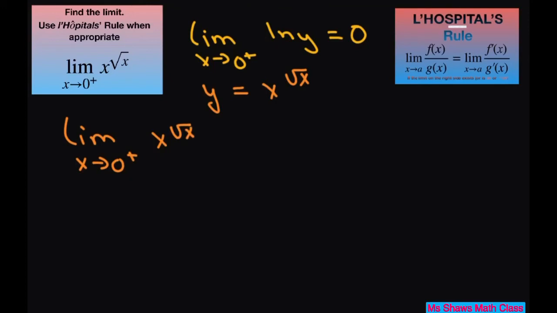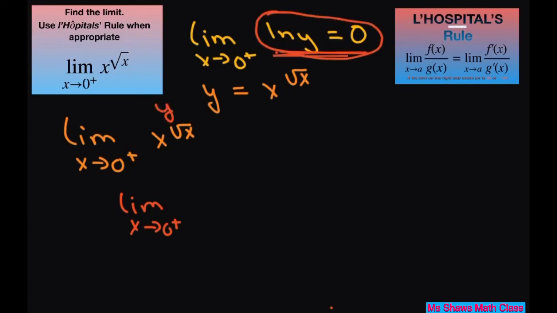To do that, we're going to write the limit as x approaches 0 from the right, and we need ln of y, because we know that ln of y is 0. And this is your y, but all we know is ln of y. So the way I can write this is e to the power of ln of y, because e to the power of ln of y just equals y.